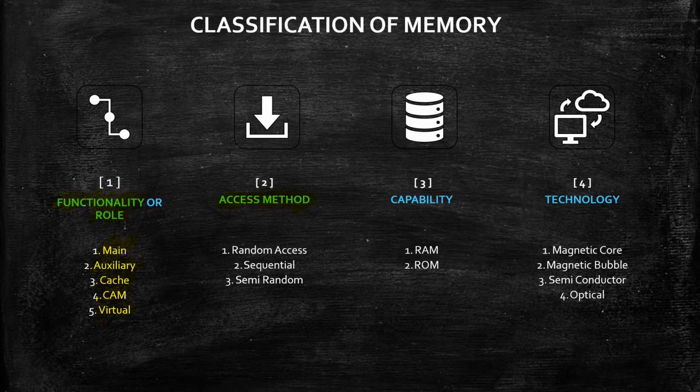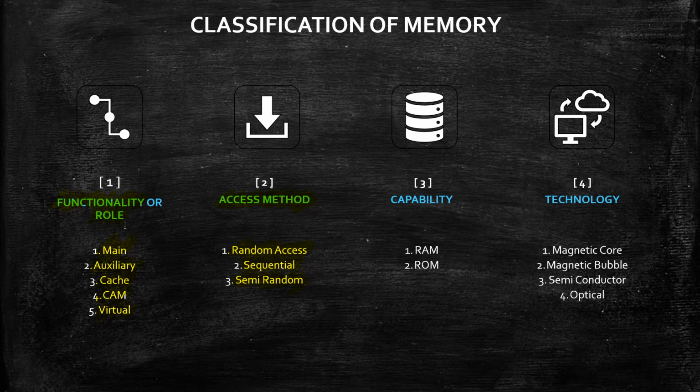But each memory has a different access method, so based on that we have three different categories: random access memory, sequential memories, and semi-random memories. We will see all these memories in detail in consecutive lectures. This is just an introduction to the classification of memory.